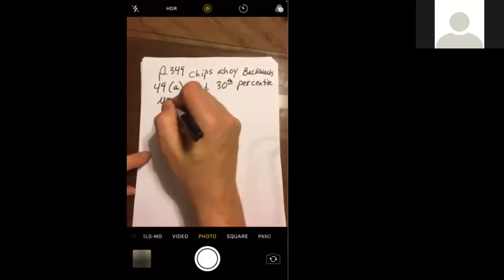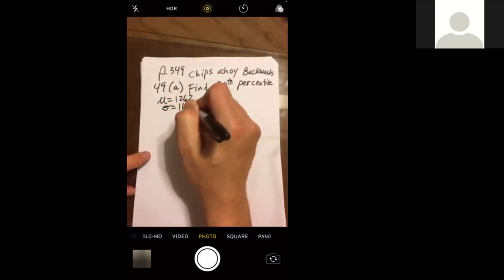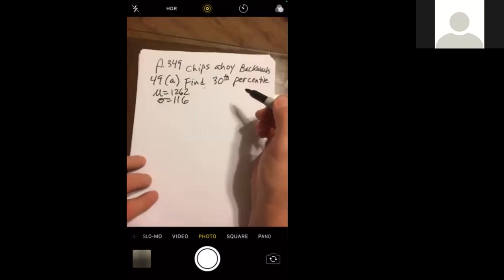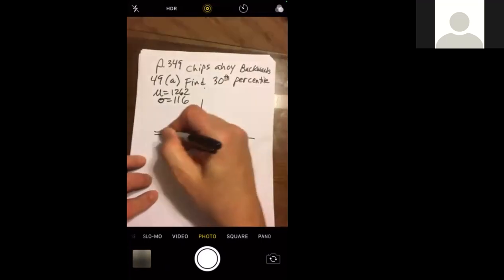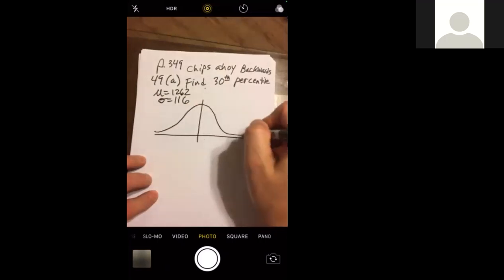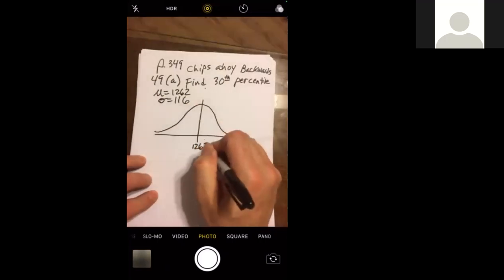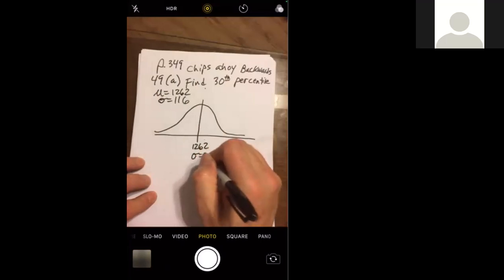And your mean, again, is 1262 with a standard deviation of 116. $12.62 in the center, standard deviation 116.